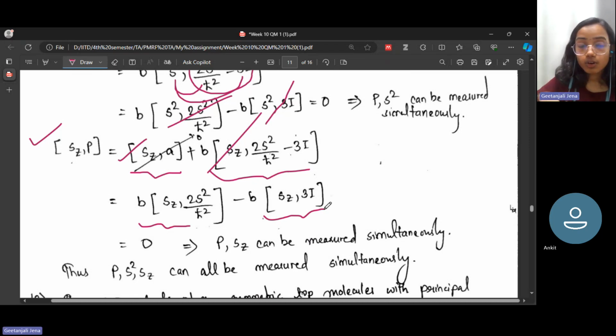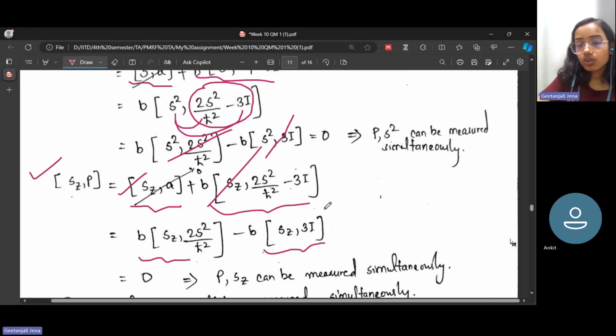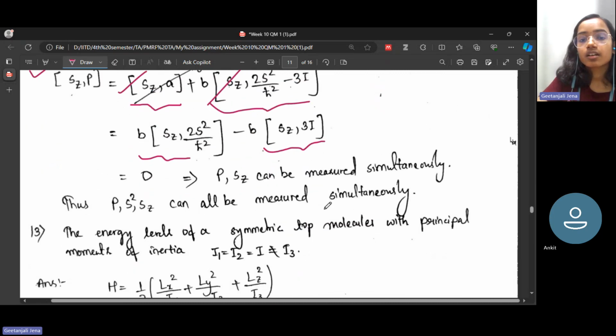So the commutation relation of P with Sz is also 0. This means you can measure P and Sz simultaneously. So all these commutation relations are 0. That means for the operators P, S square and Sz, you can measure them simultaneously.